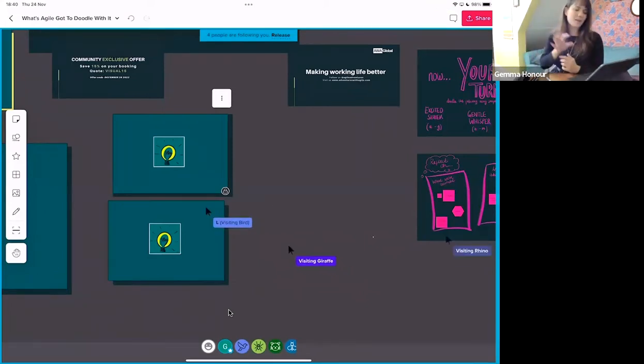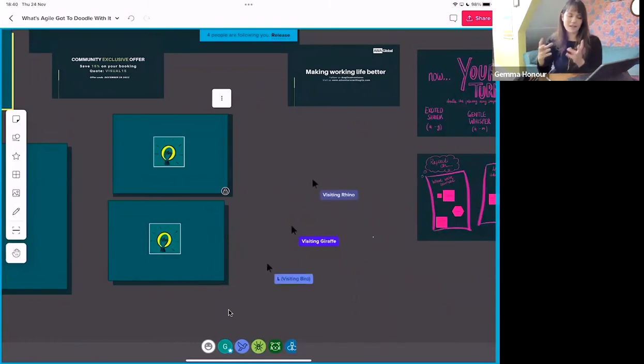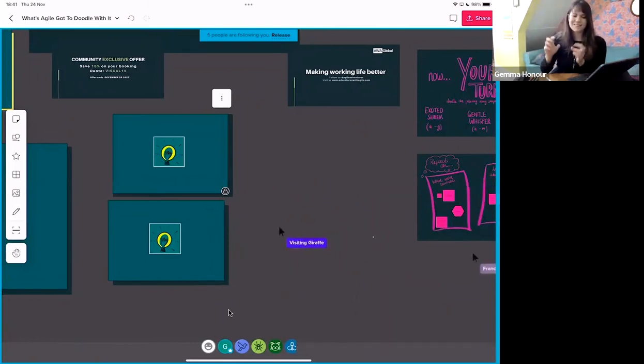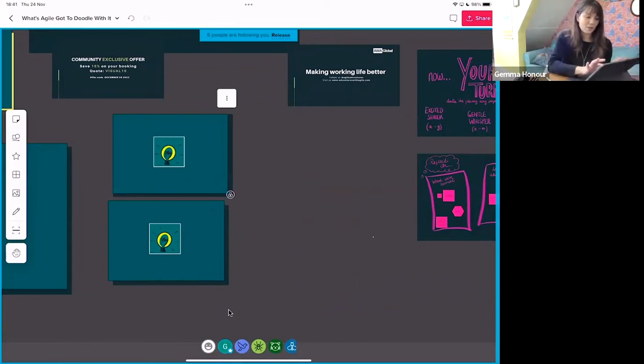So basically, now you have the ability to use some very simple shapes to listen and communicate. So now we're going to build that into a listening exercise.